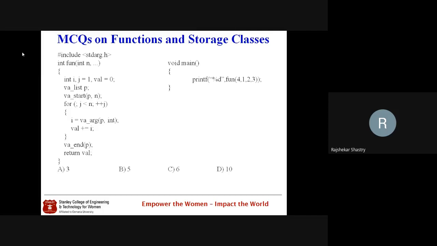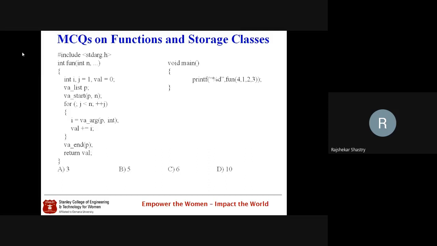Then j gets incremented. The third argument is popped, that is 3, which is stored in i, and val is already 3. To this, the i value 3 is added. Val will become 6 here, and j gets incremented, which will become 4. When j is 4, 4 is not less than 4, I mean the condition is false. We come out of the for loop and we return val.